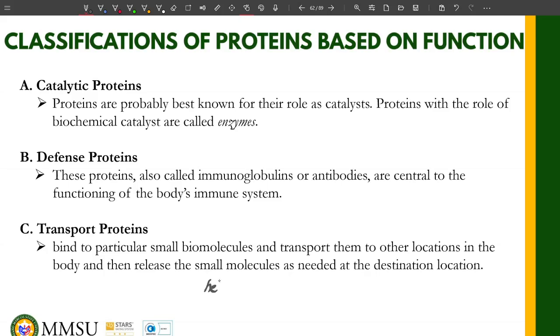Hemoglobin, and it carries oxygen, di ba? And then si transferrin, it carries iron from the liver papunta sa bone marrow. So, yun yung transport proteins. They are like the JNT Express ng katawan natin.